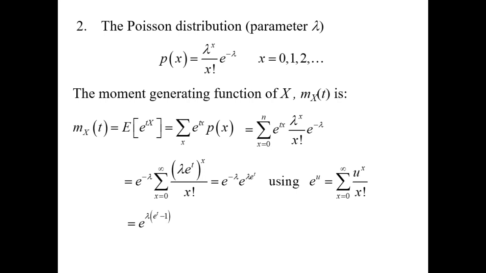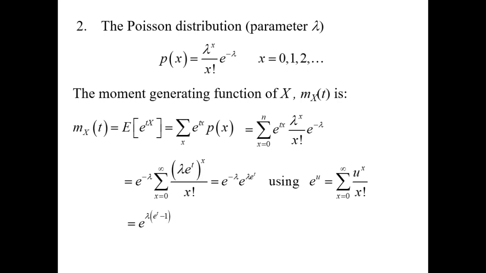Here we can take e raised to minus lambda outside the summation and, combining the lambda term and e raised to t, we get e raised to minus lambda summation from 0 to infinity of (lambda e raised to t) the whole raised to x by x factorial.